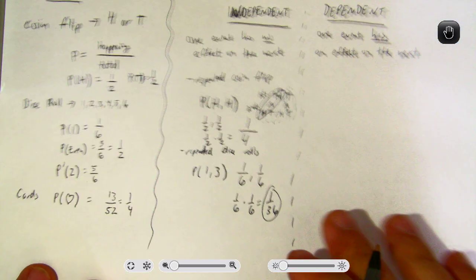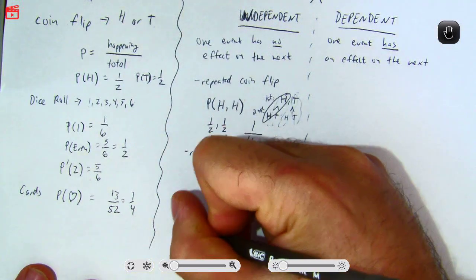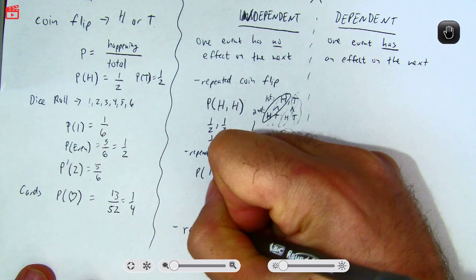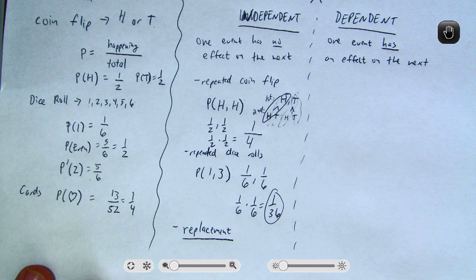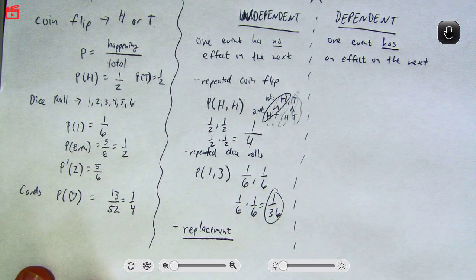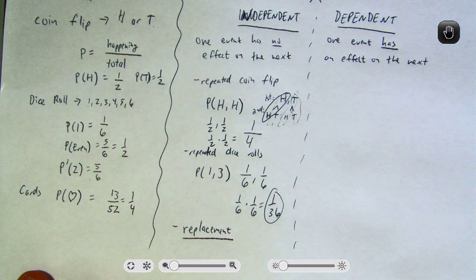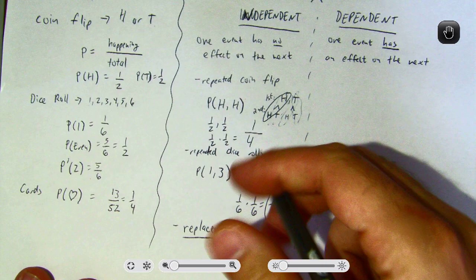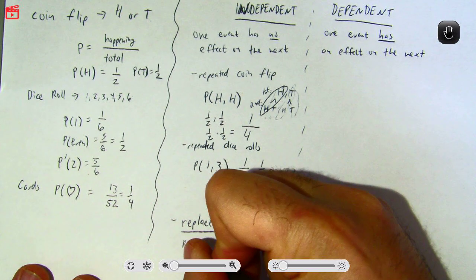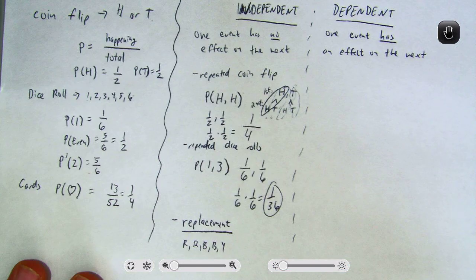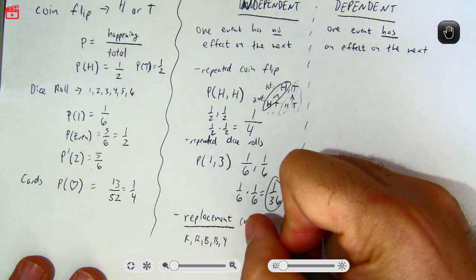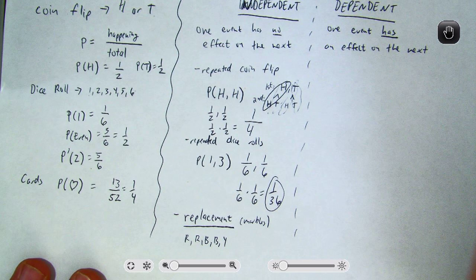Another one that comes up a lot is when there's replacement. This is a word that comes up a lot if something is replaced, or if you're pulling marbles out of a bag and then they're replaced. So if you have a red marble, a blue, and a yellow, these are all marbles. You can use cards, you can use anything.